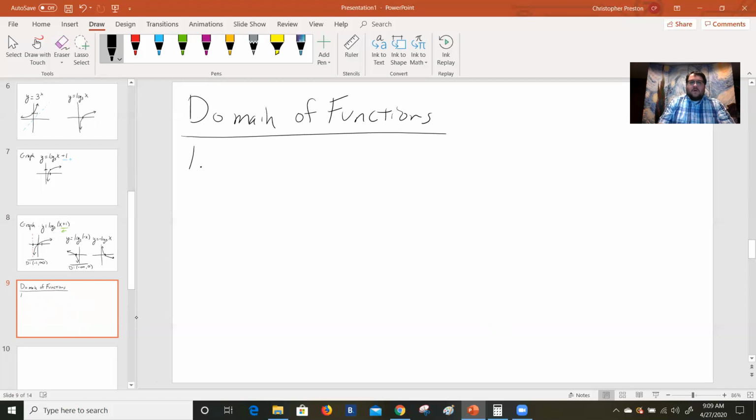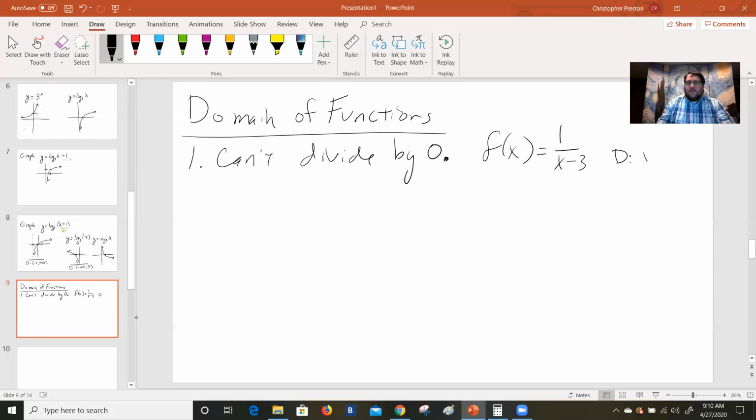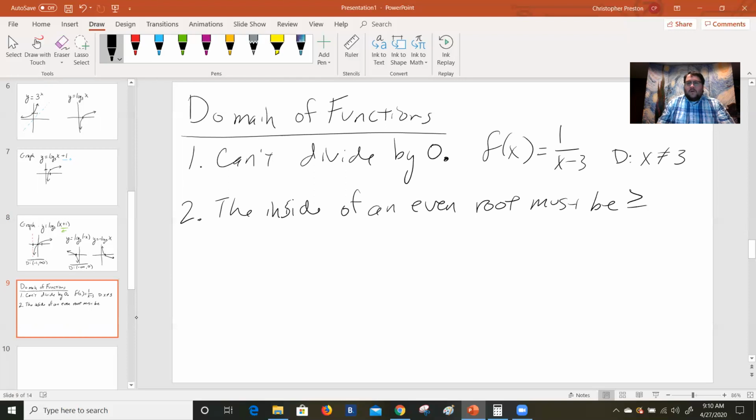So just a reminder, the first rule is you can't divide by 0. And that still applies. All these are still going to apply. So if I had a function that looked like this, my domain would be x cannot be the number 3, because 3 minus 3 would make me divide by 0. The second rule we ran into was the inside of an even root must be greater than or equal to 0.